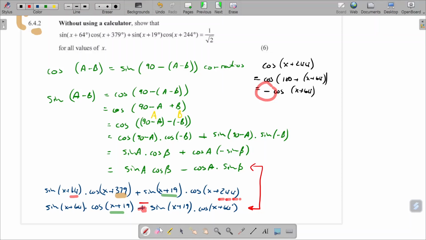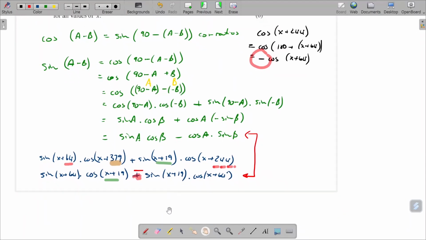So if we go and look at this now, let's get some space again, move up the page a little bit, and we see this as being the a, so there's the a, and this is being the b, and this is being the b.